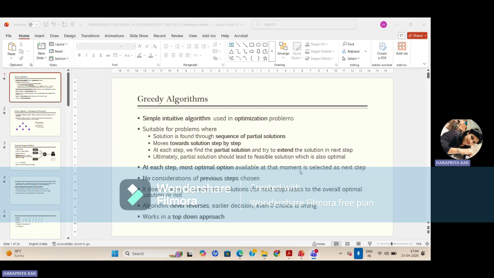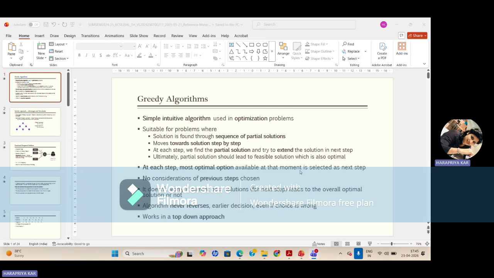We don't care what happens in the next step, or whether the optimal solution will work for those steps, because at the end of the particular step itself we are getting the optimal chosen option. So the steps do not depend upon each other.